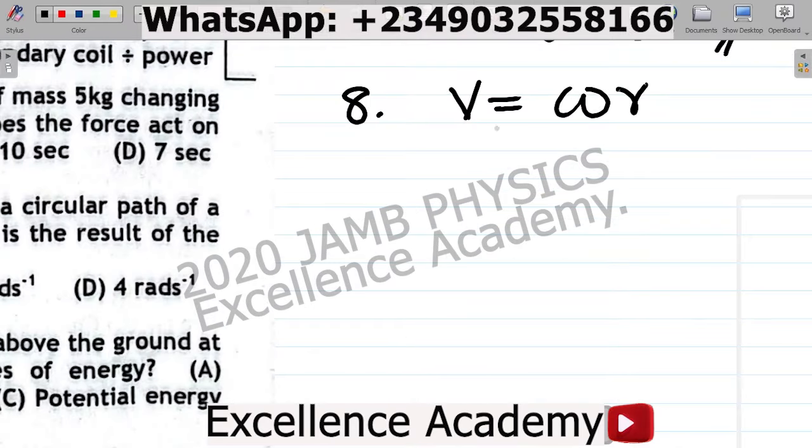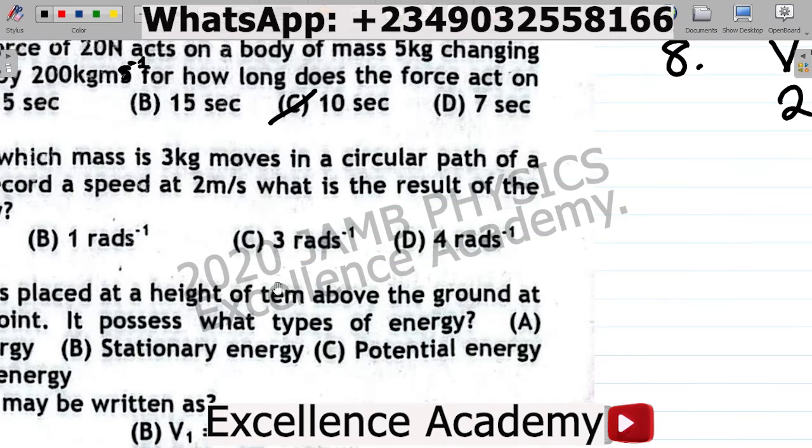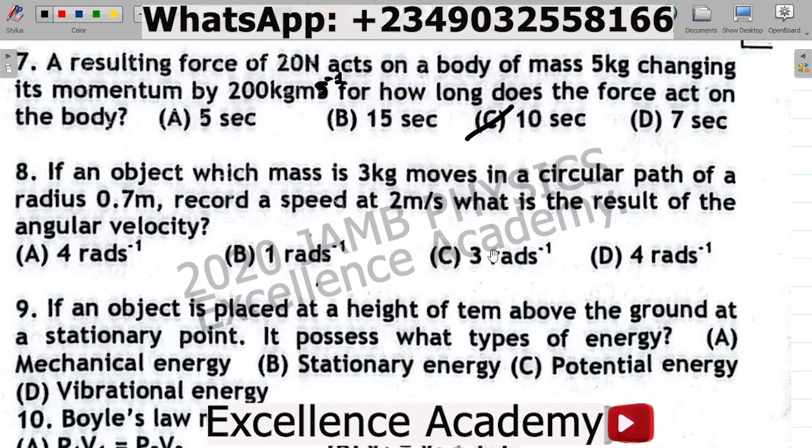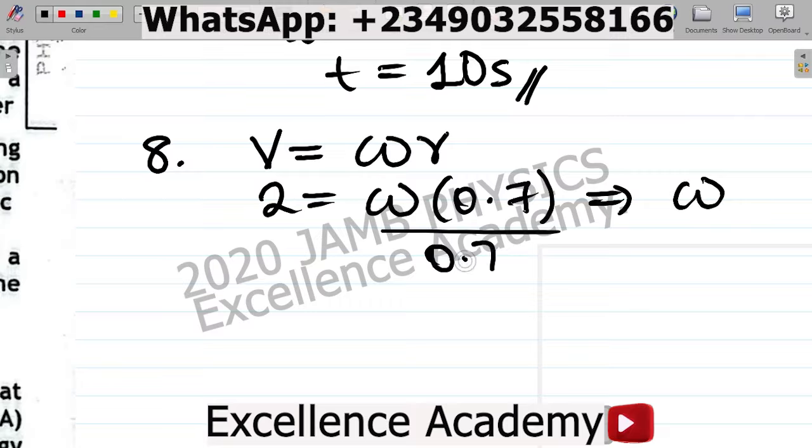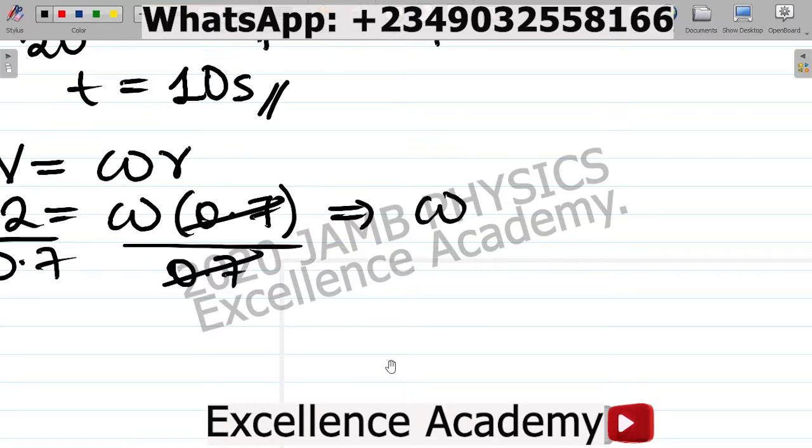So you have that 2 is equal to angular velocity times radius. The radius is 0.7. From here, we can get angular velocity by dividing both sides by 0.7. This cancels this, so angular velocity is equal to 2 divided by 0.7.